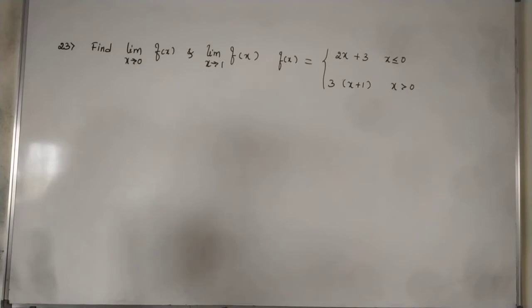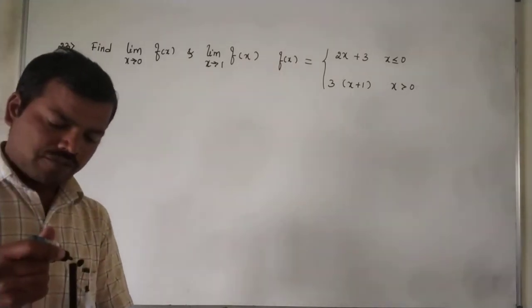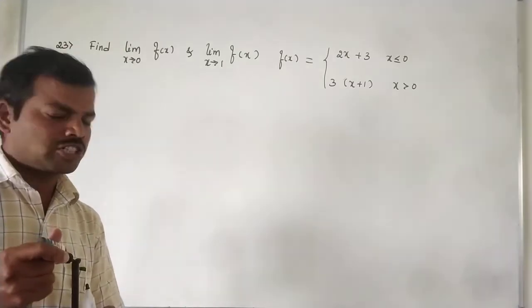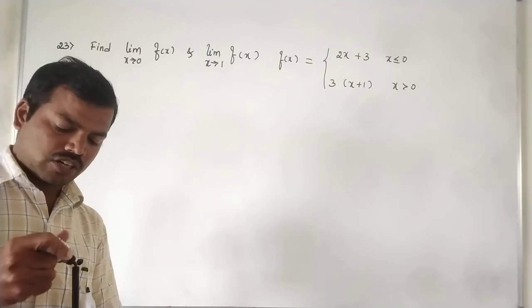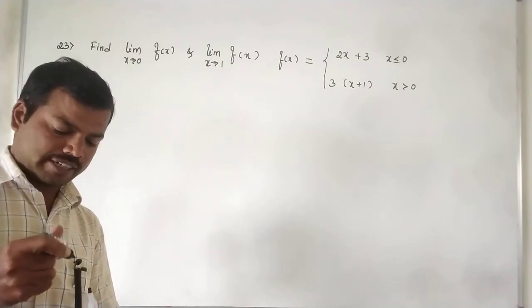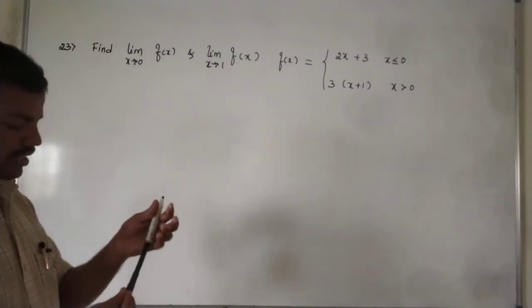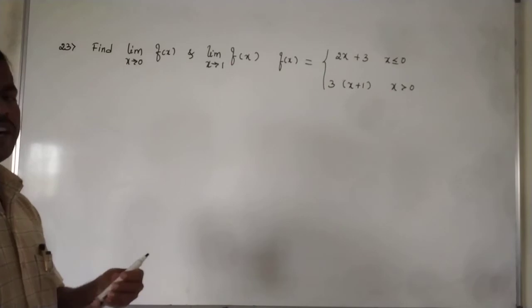We already know about the limit, when we discussed it we got the idea of left hand limit and right hand limit. If the left hand limit and right hand limit are equal, then the limit of the function exists, otherwise the limit does not exist. So first we observe how the function is defined, and according to that we find the limit.